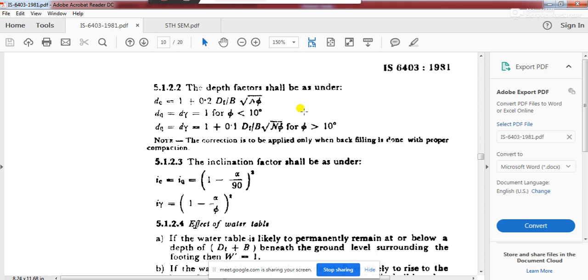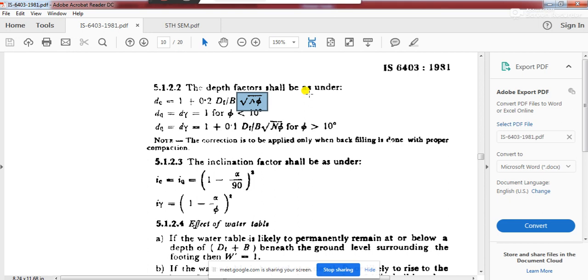Can anyone say what is the value of N phi? Tan square 45 degree plus phi by 2. Don't remember? So please go back to your soil mechanics book and find out what is the value of N phi. N phi will be equal to tan square 45 degree plus phi by 2.